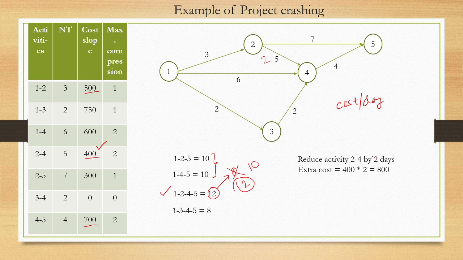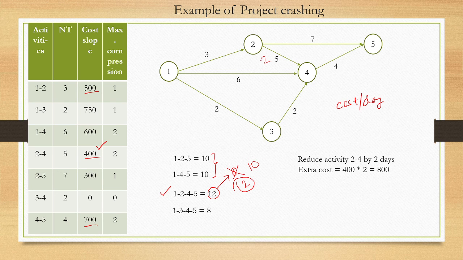Again, I am repeating, to compress any critical activity, you need to look at two places. One is maximum compression. Another one is when the other path is becoming critical. So this was the first step: reduce activity 2 to 4 by 2 days.